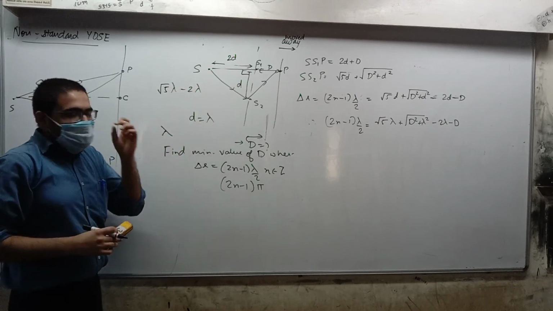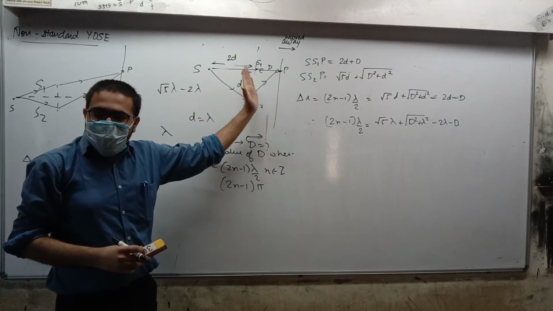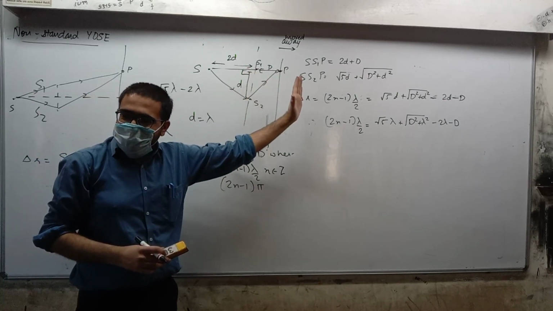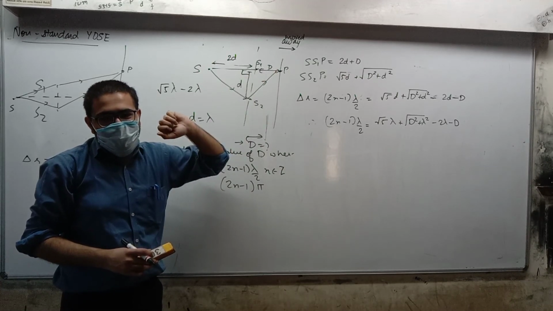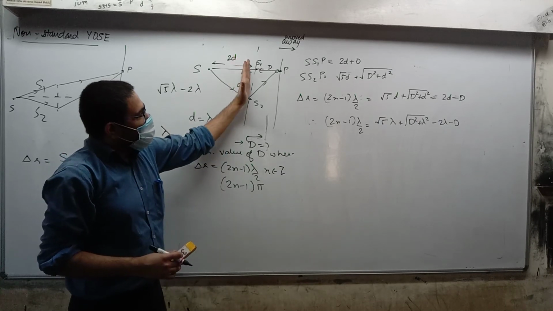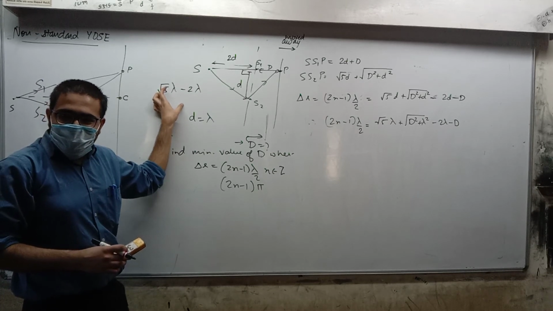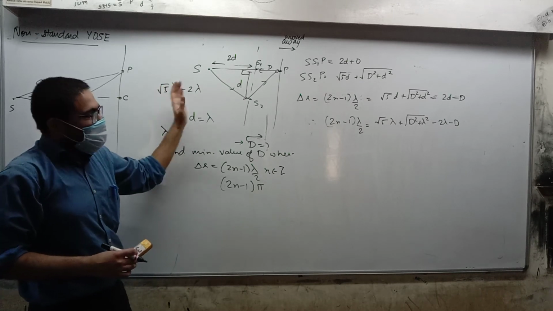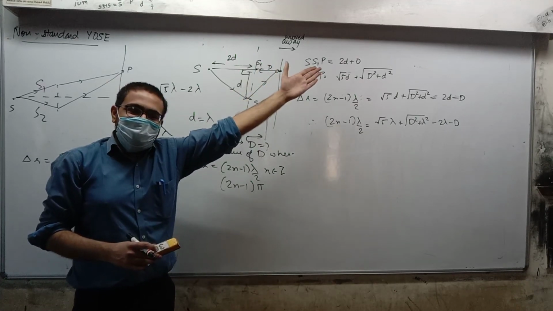Okay, so this is the path difference when the screen is right here at the slit. As the screen moves ahead, will the path difference increase or decrease? Think about it. Up till here it's this much, right? But as the screen moves further, or you can think all the way from infinity also.